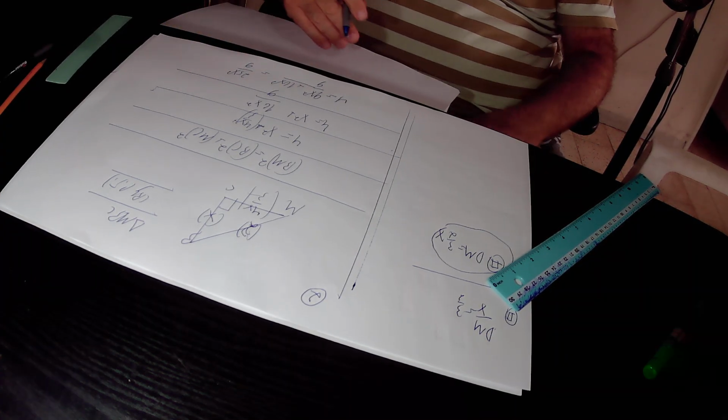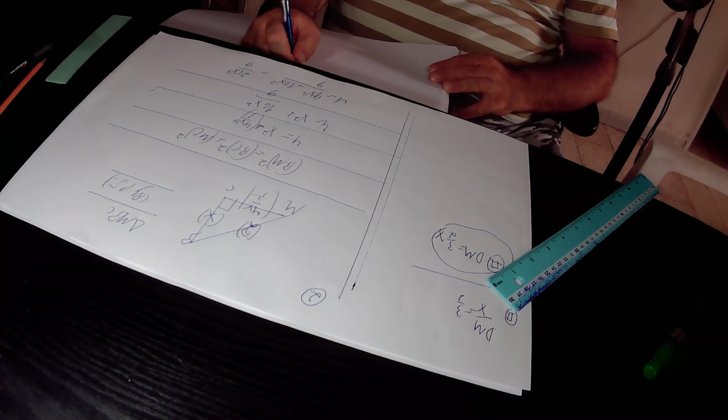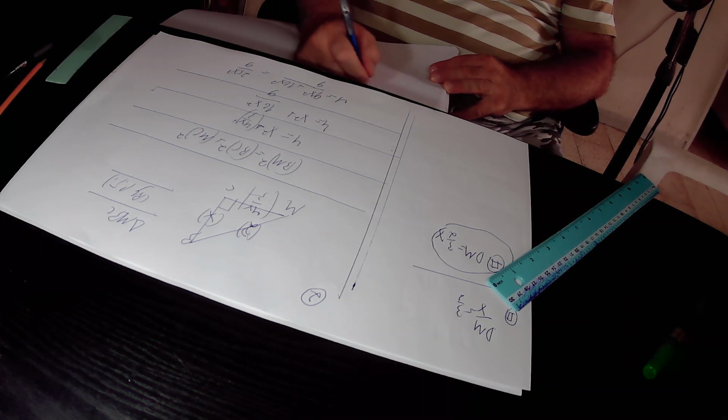So in total, 4 equals 25x squared over 9.